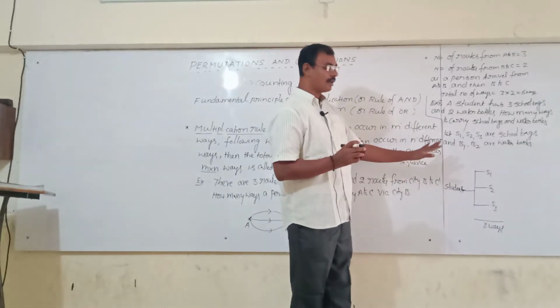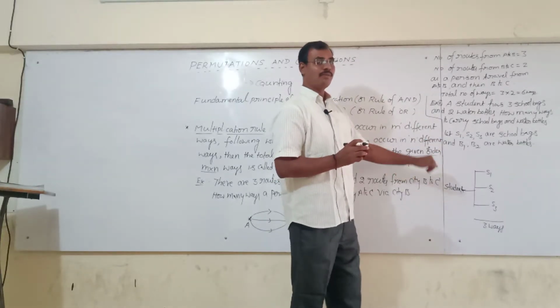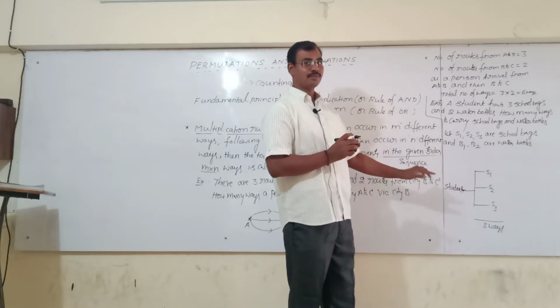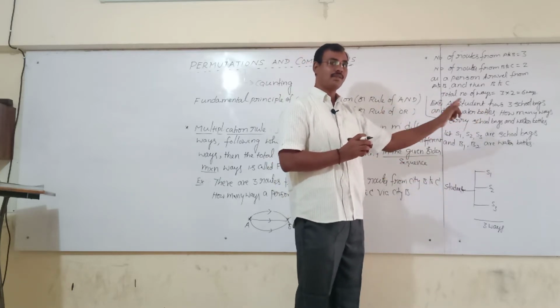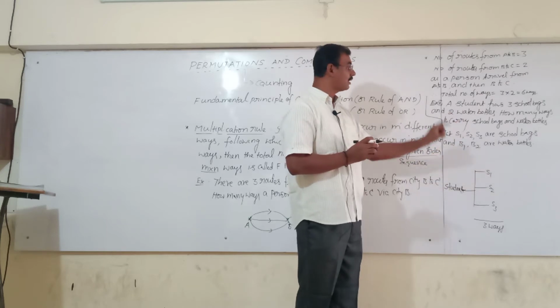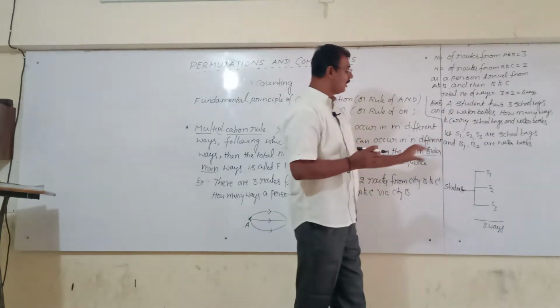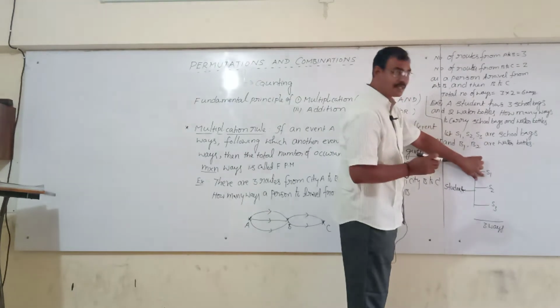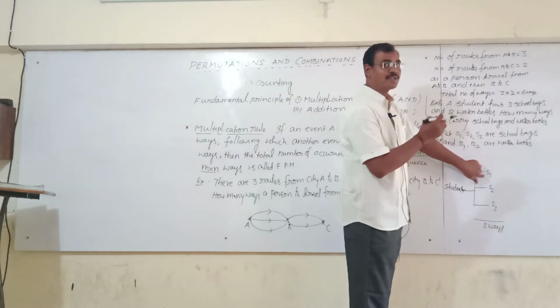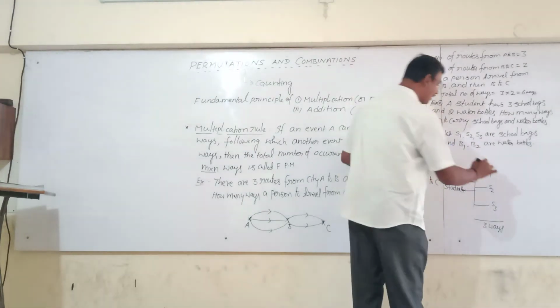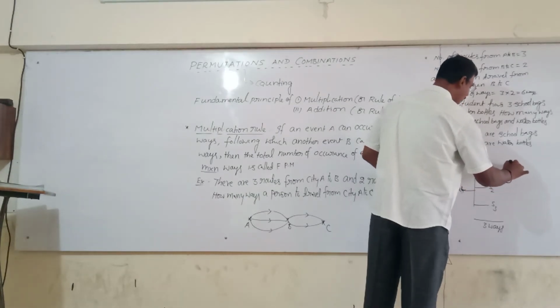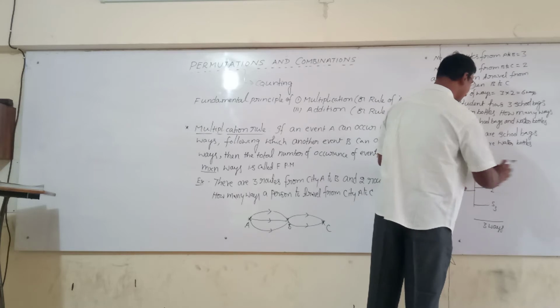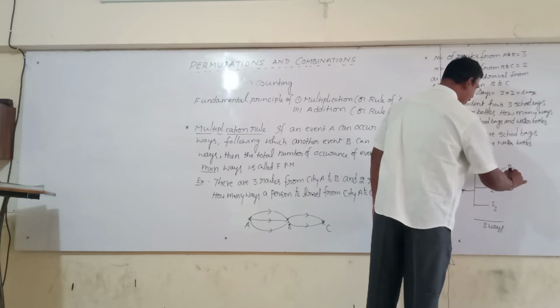Having selected the school bag, he did not stop there. Further, he wants to select water bottles also. With S1, how many ways does he have to select water bottles? With S1, he has to select water bottle B1 or water bottle B2.